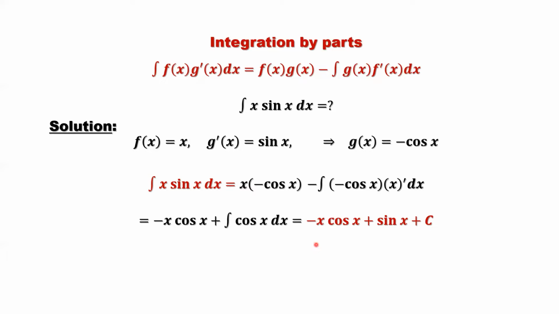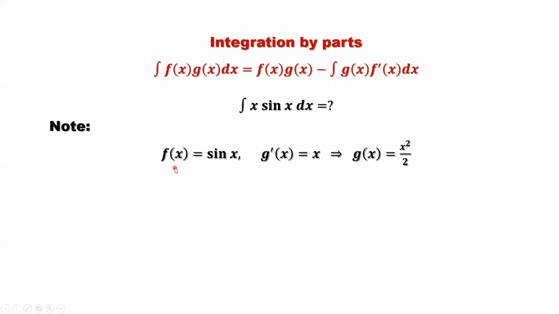Now here is the question students always ask: how do you know which one is which? That means you pick f of x equals x. If we switch the order, it is the same integral, sine x times x. That means if we pick sine x equals f, x will be g prime. What will happen?